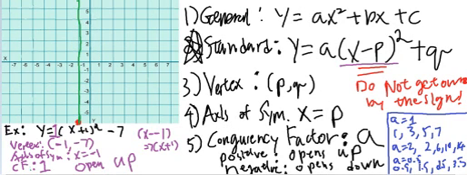Now, the congruency factor is a, and a is equal to 1, and it opens up. And what did I tell you guys about a equals 1? It goes 1, 3, 5, and 7. So pretend this is negative 7. It goes 1, 3, 5, 7.